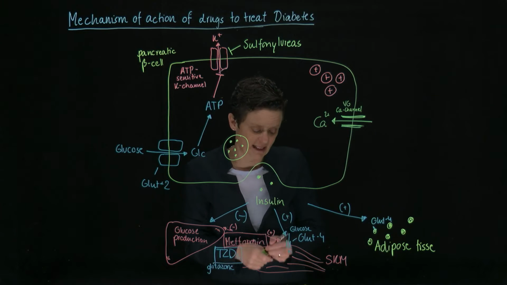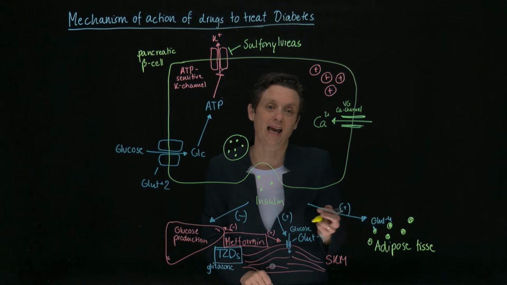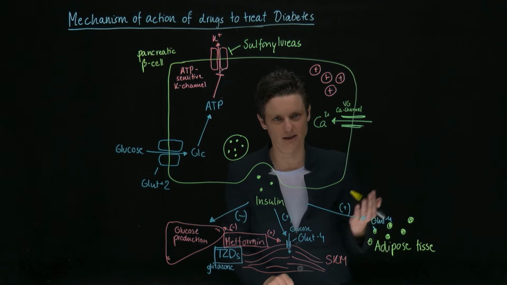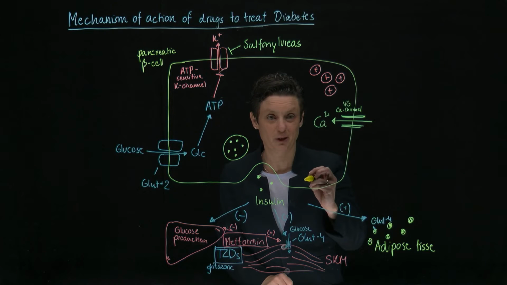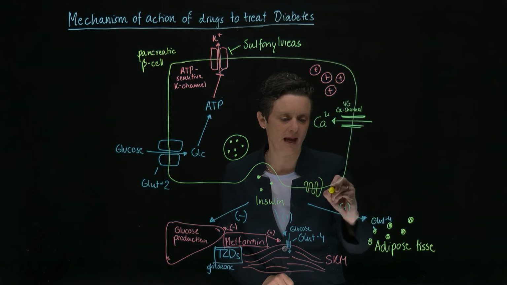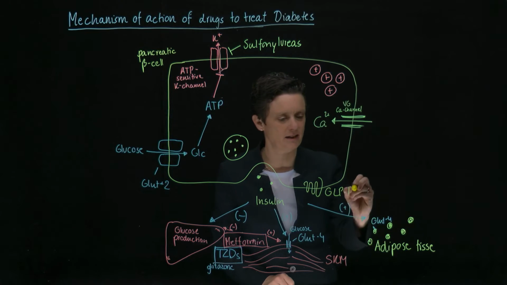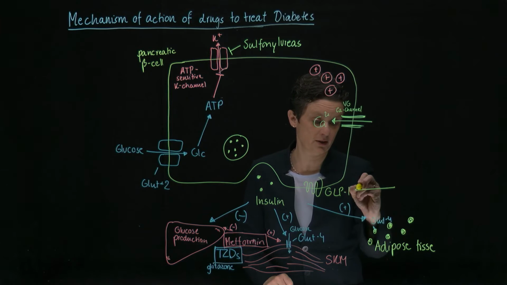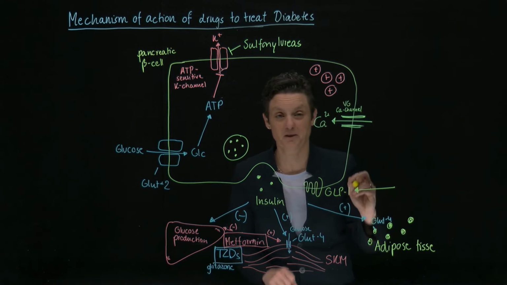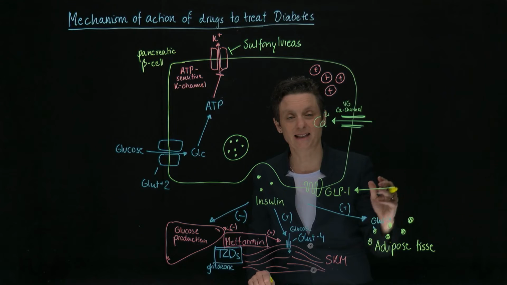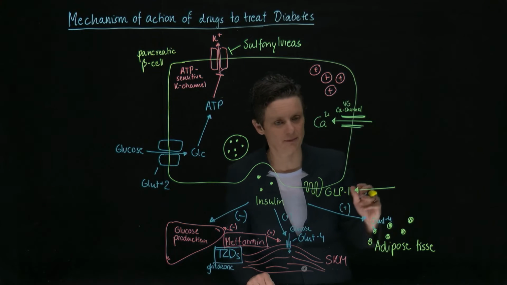Then we have other drugs that directly act at the pancreatic beta cells, and these are a very important drug class. These are our GLP-1 agonists, and it turns out that this GLP-1 receptor also sits on the pancreatic beta cell. It sits also on other cells, and I'm going to get to this when we discuss them in more detail.